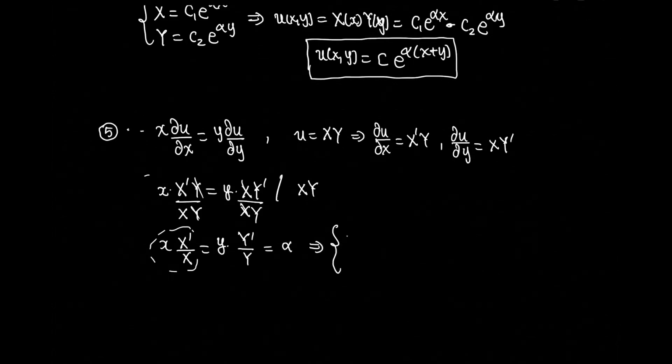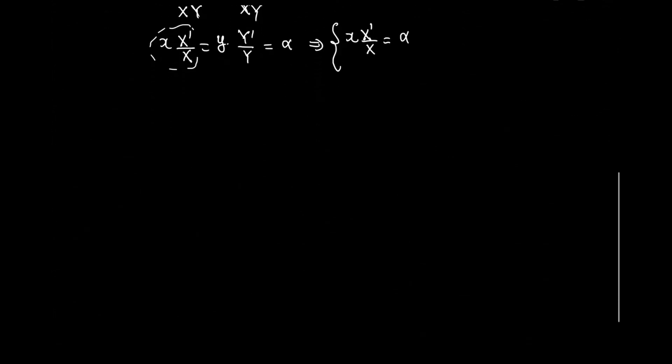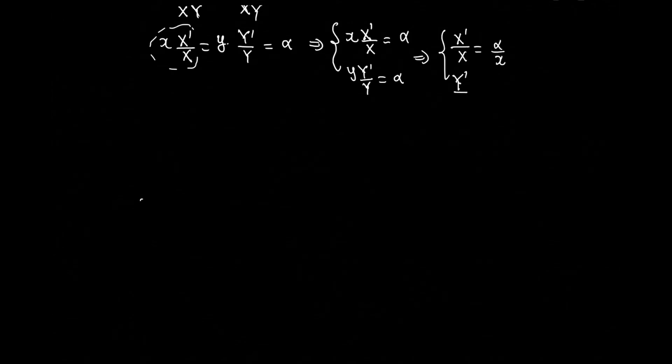Again, that means I have the x side equal to alpha, and the y side equal to alpha. Then you have X prime over X equal to alpha over x, and Y prime over Y equal to alpha over y.